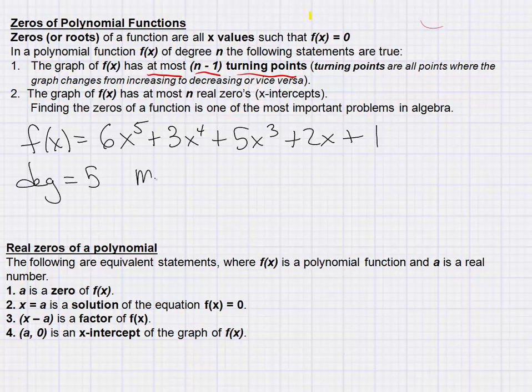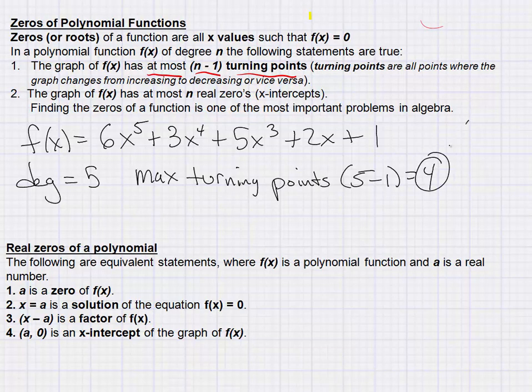The maximum number of turning points is going to be 5 minus 1, or 4. Now that's an even number. That's the maximum number of turning points I'm going to have. If I'm going to have fewer turning points than this, it should still be an even amount.